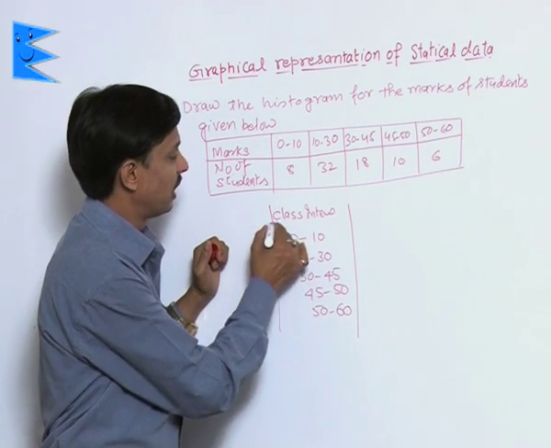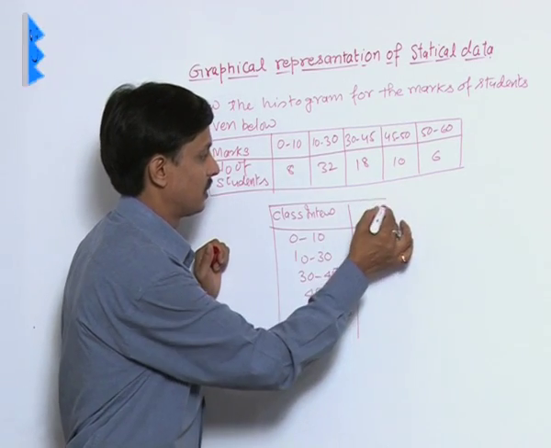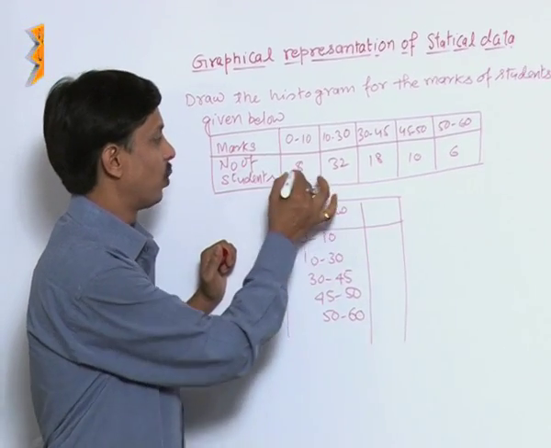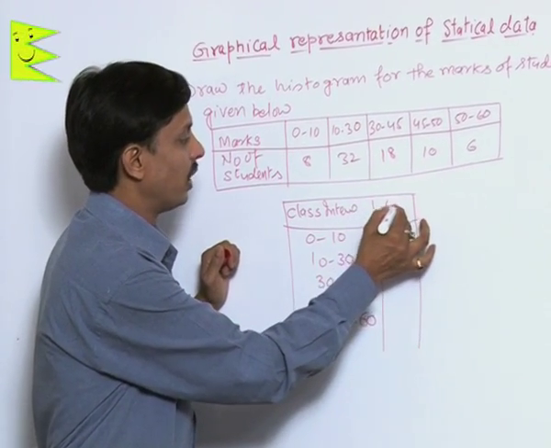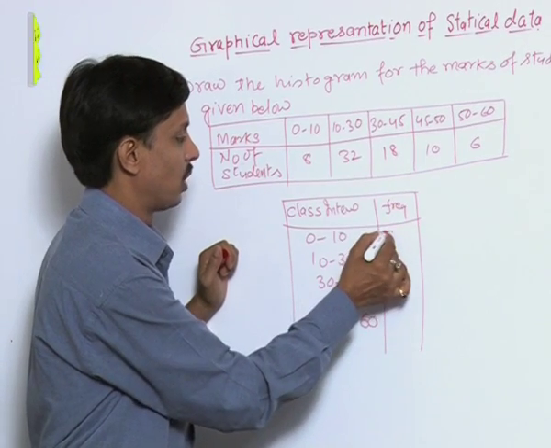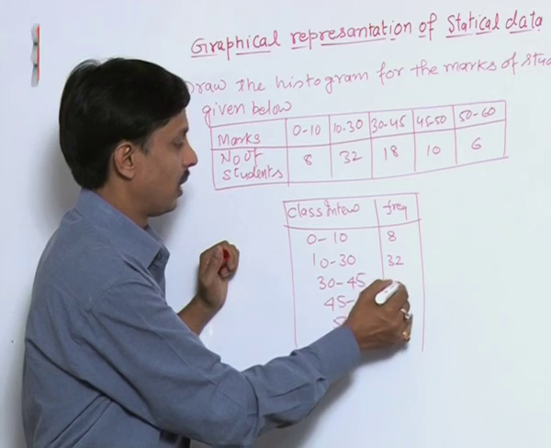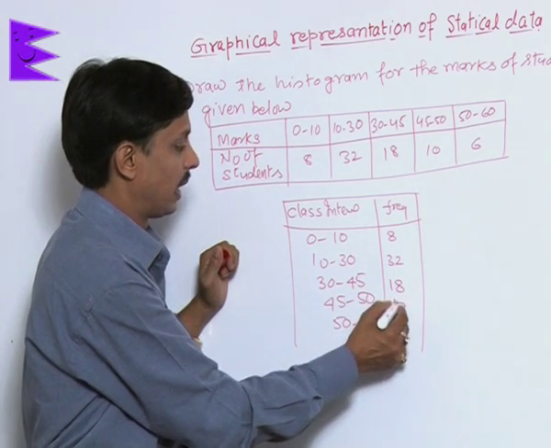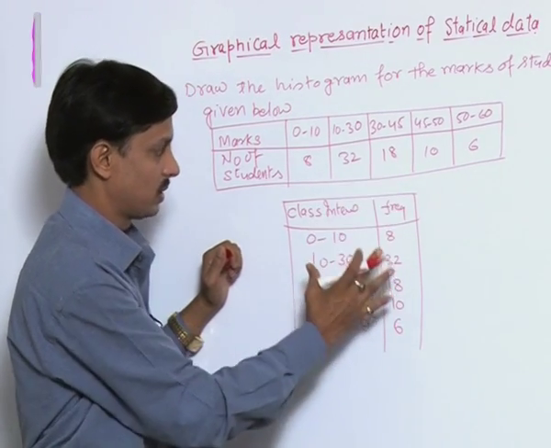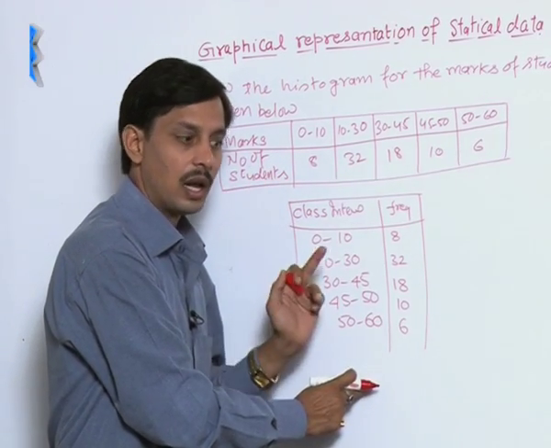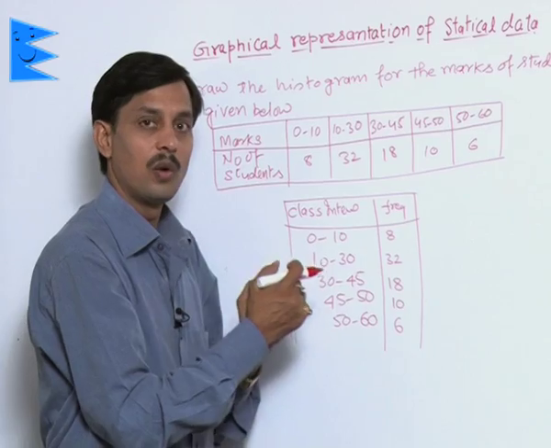Now you can note their frequencies as given: 8, 32, then 18, then 10 and the last one is 6. This was a horizontal table; now I have converted it into the vertical one.